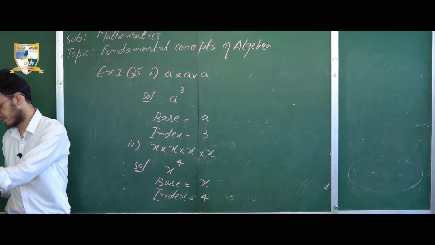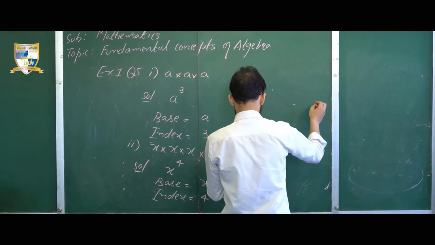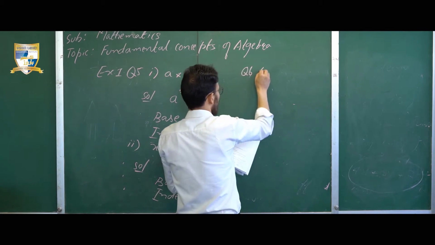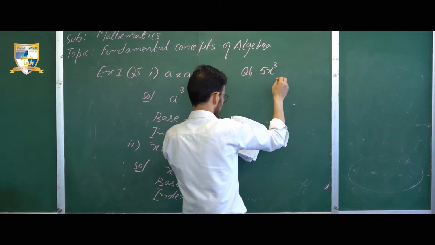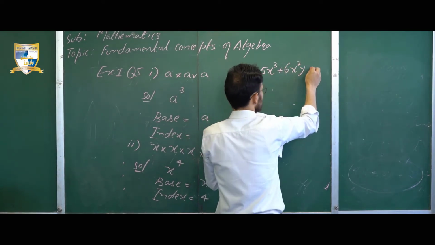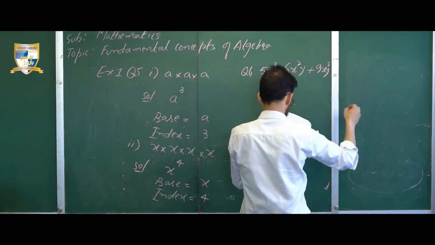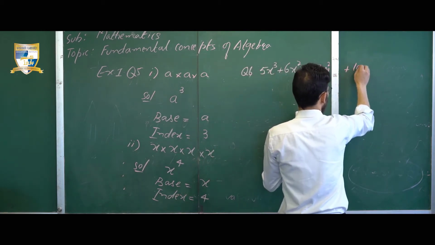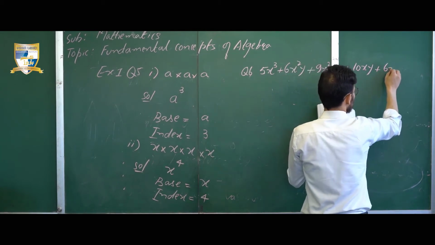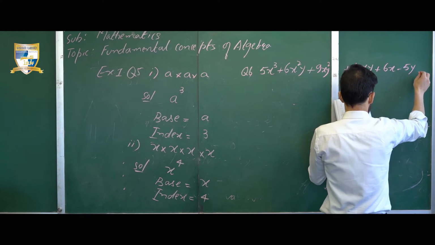Question number 6. I will write here: for the expression 5x cube plus 6x square y plus 9xy square plus 10xy plus 6x minus 5y minus 4.